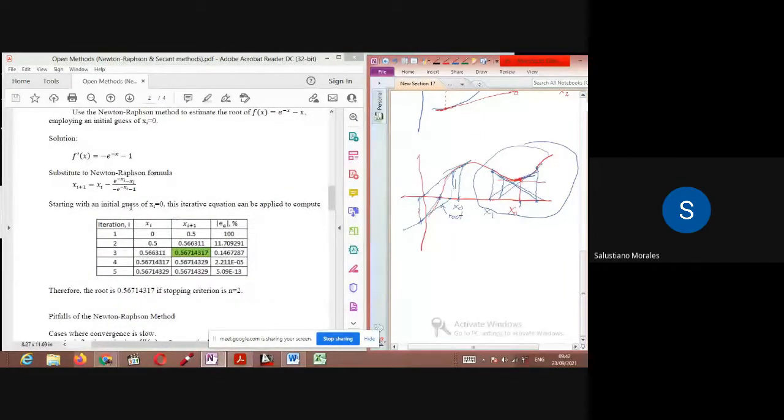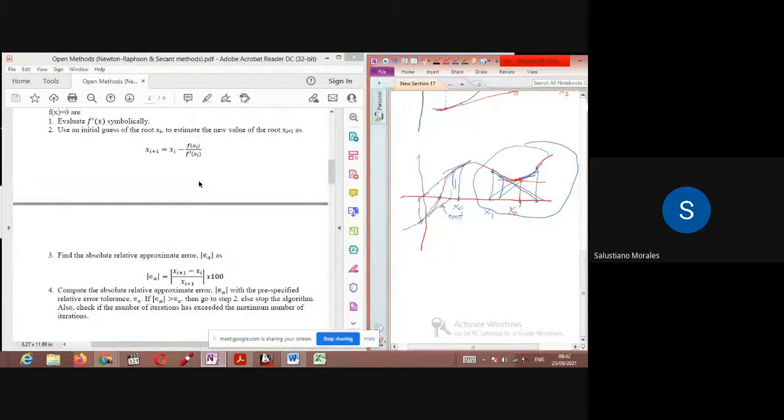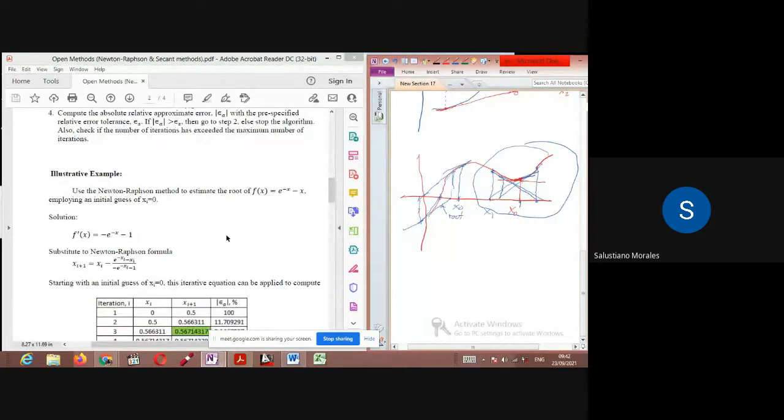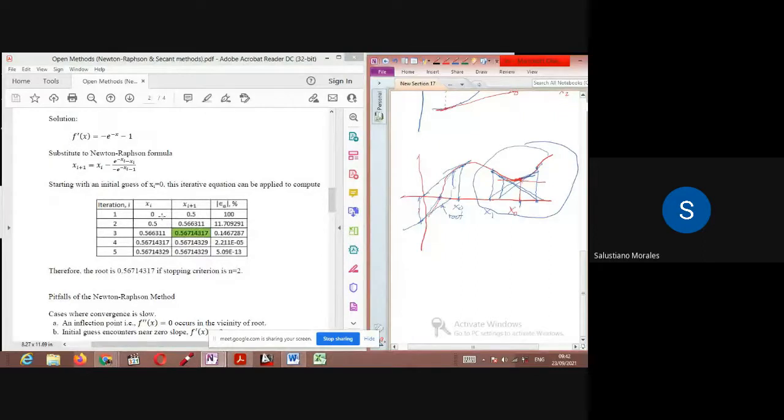Ang i-memorize lang natin dito is yung formula for the Newton-Raphson: x_{i+1} is equal to x_i minus f(x_i) over f'(x_i). So, yan lang. Then, maliit lang naman yung algorithm. Kung tingnan natin dito sa example natin, we consider initial value of x as 0.